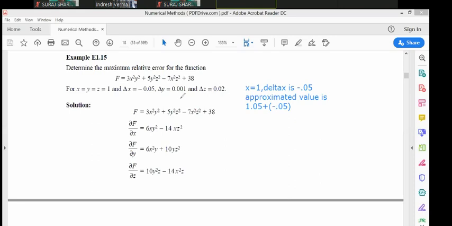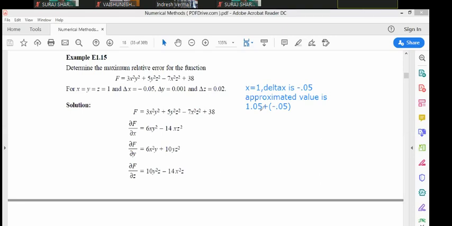In this very case, approximated value will be 0.999. In this very case, approximated value is 1.05. So that is why the delta x is always plus or minus both.